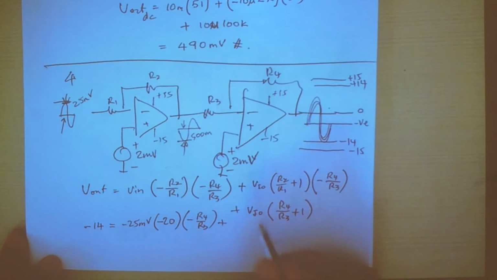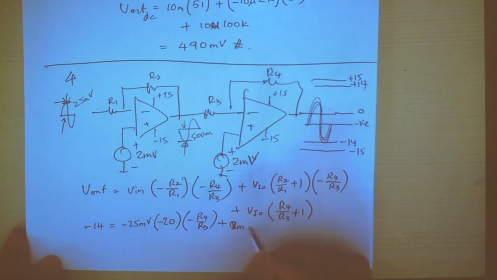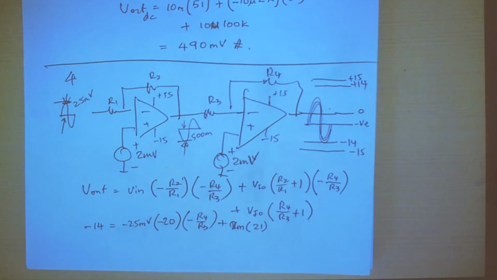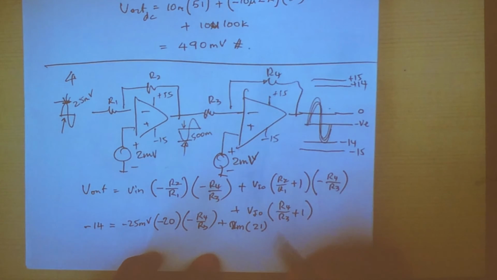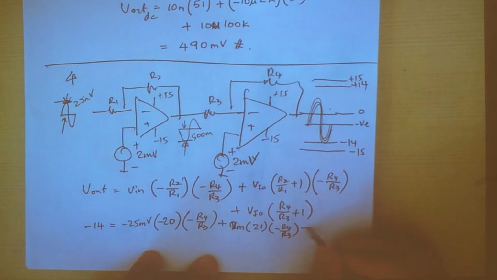plus the first offset, which is 2 millivolt, multiplied by 21, because 20 is R2 over R1, plus 1, so it's 21, multiplied by minus R4 over R3, plus 2 millivolt, multiplied by R4 over R3 plus 1.